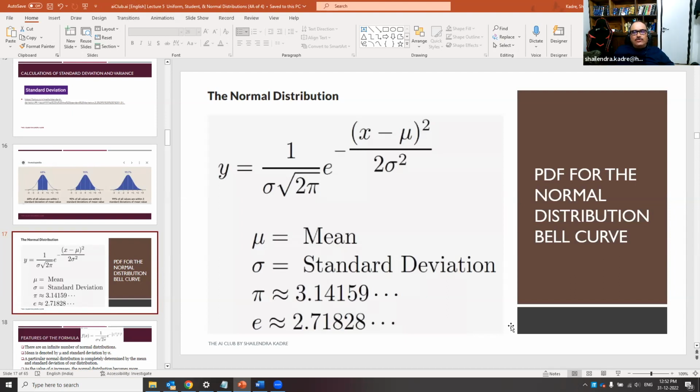What are the two main unknowns in this formula? We have discussed this so many times. So mean and standard deviation. Yeah, that's the question I'm asking. There are two parameters, meaning unknowns. So what are the two main parameters here? Mean and standard deviation, right?